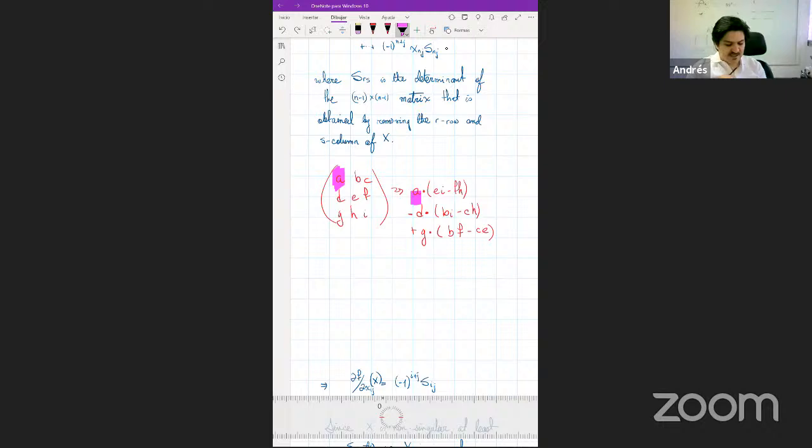For instance, if I would like to take the derivative with respect to H, this expression is not good for me because I have an H here and an H here. So for H, it is better to use either this row or this column.